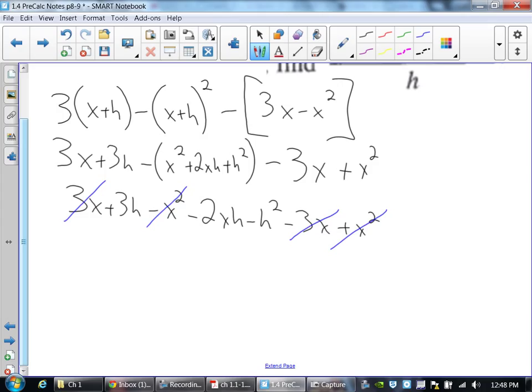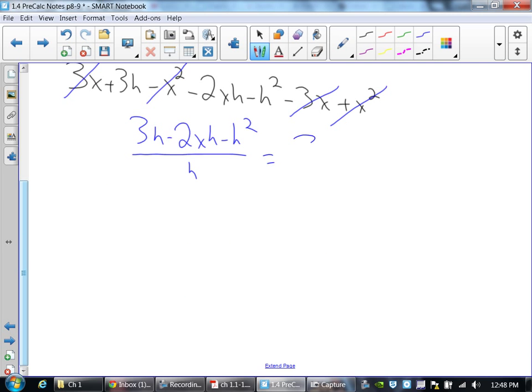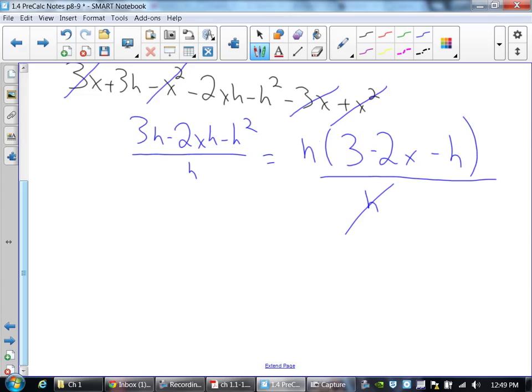So I have 3h, 2xh, and then h squared, all over h still. Put the h first.